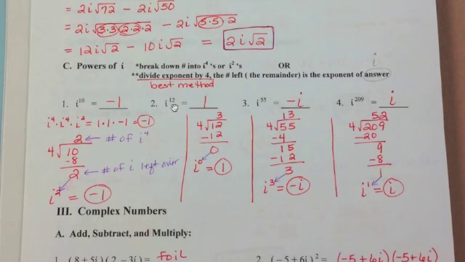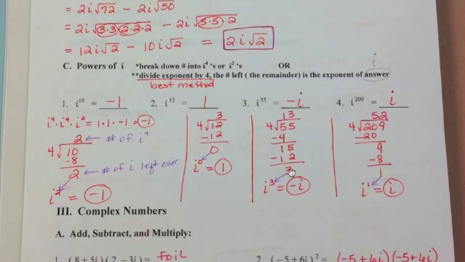Again, what is i to the 12th power? Well, 4 goes into 12 3 times with a remainder of 0. And i to the 0 power is always 1. Next part, i to the 55: take 55 divided by 4, always divided by 4. 4 goes into 55 13 times with a remainder of 3.